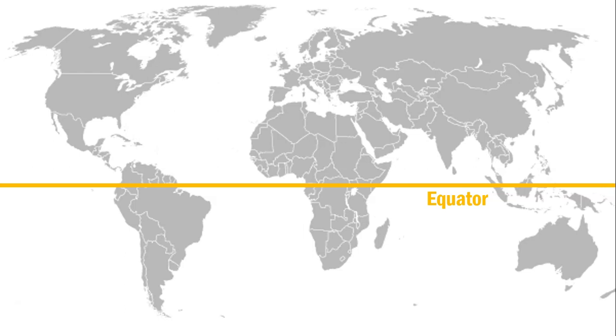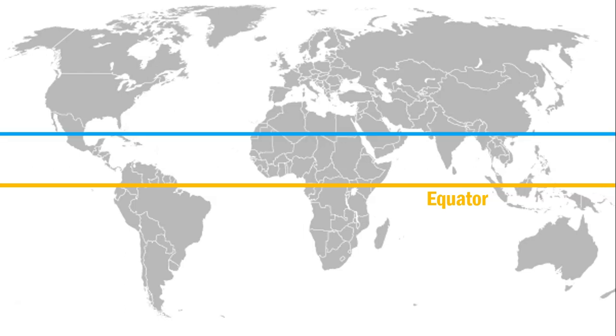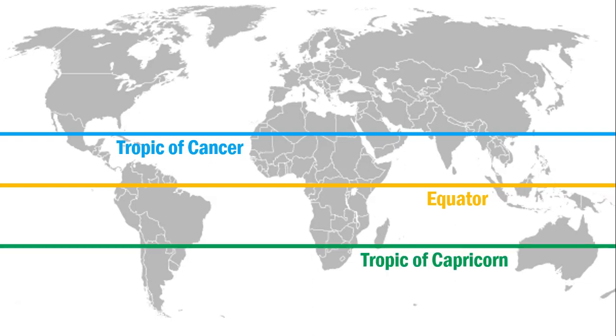And all the places that are near to the equator receive the most sunlight. There is another line of latitude called the Tropic of Cancer, which lies at 23 degrees 30 minutes north, and the Tropic of Capricorn, which is south of the equator.